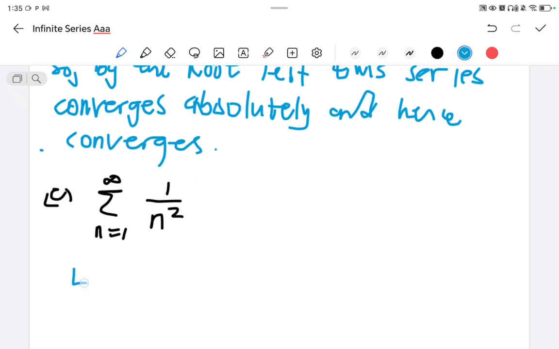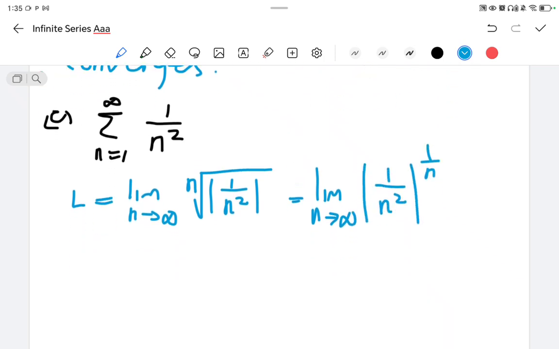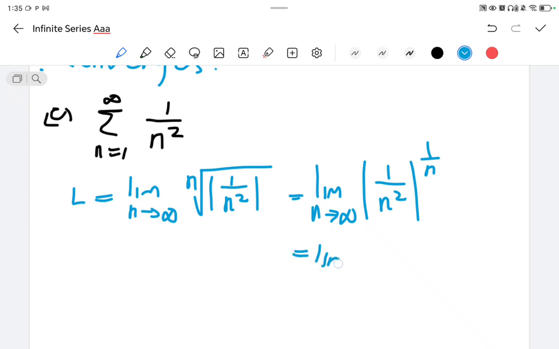Then we know that L is equal to the limit as n approaches infinity of the absolute value of 1 over n squared to the 1 over n, which is equal to the limit as n approaches infinity of 1 over n squared to the 1 over n.